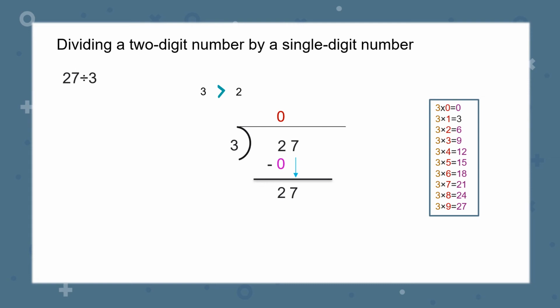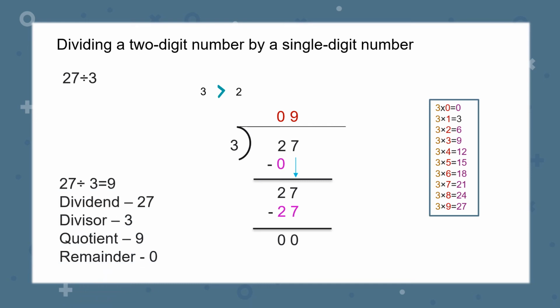Oh, we got the same product 27. So we will write 9 above 7 and the answer below 27. Now we will subtract 27 minus 27, 0. Now we will write the final answer. 27 divided by 3 is equal to 9. Your dividend is 27, divisor is 3, quotient is 9, remainder is 0.